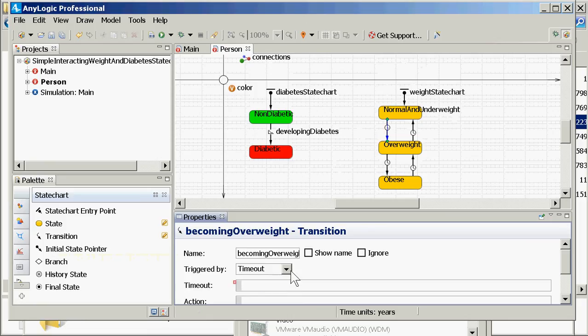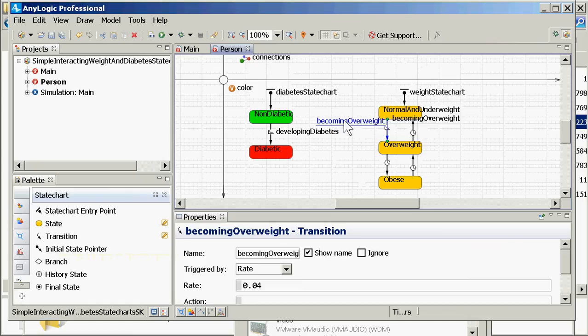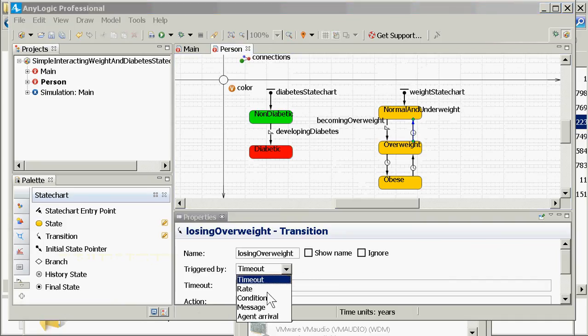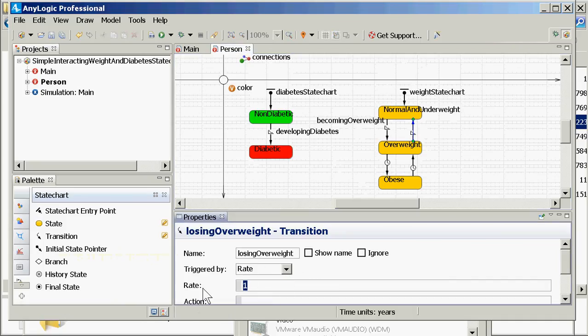So it'll be a rate transition of 0.04. The TA should note these. And I'm going to show the name. For losing overweight, I'm going to make it a rate transition of 0.02.